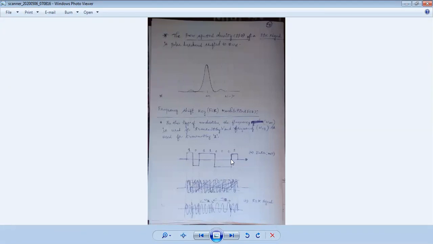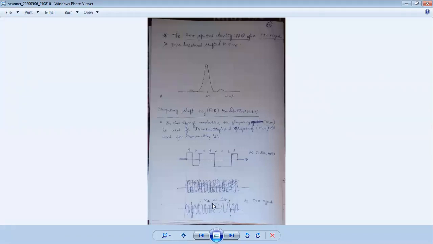For example, the frequency of the carrier wave for a 1 bit is omega c1, and the frequency for 0 will be different, omega c2.